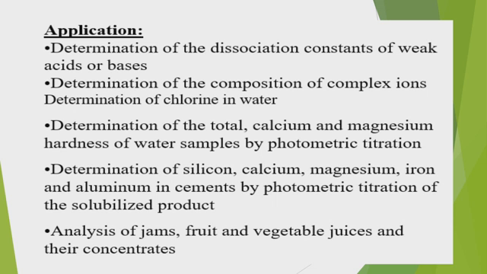So one can easily analyze them by using the photometric titration. The photometric titration यूज करून आपण जामचं ॲनालिसिस करू शकतो, फळांचं ॲनालिसिस करू शकतो किंवा व्हेजिटेबल ज्युसेस आणि त्याचे जे कॉन्सन्ट्रेट्स वापरतात त्याचं पण ॲनालिसिस करू शकतो.